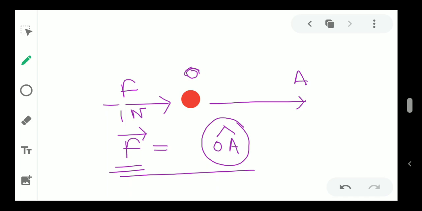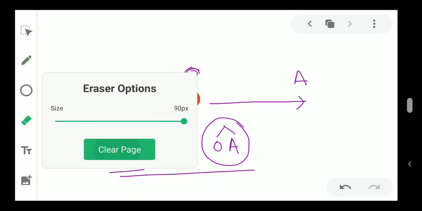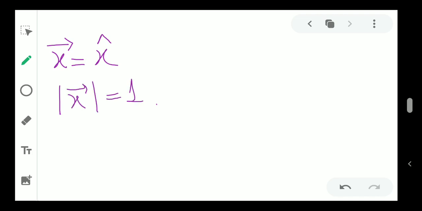So unit vectors are the vectors which are having the modulus equal to 1. Let's say x is a unit vector, so we can write x equal to x cap because the value is 1. So if I just take the value of x now, that will be 1, and that I have put here. So these are called unit vectors.